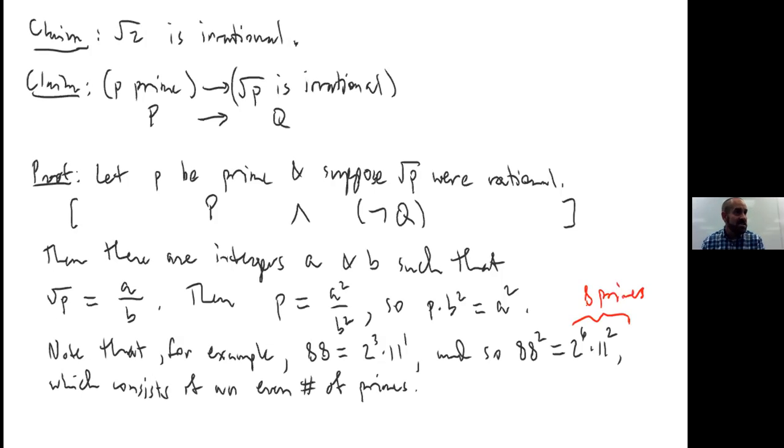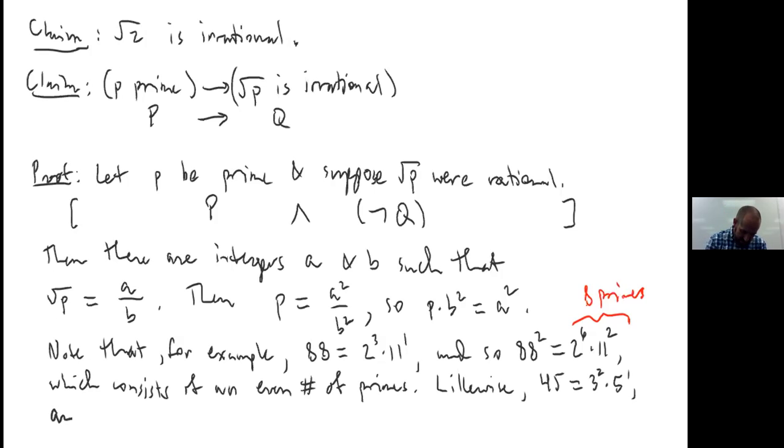A more interesting example would be if we had an odd number of primes to begin with. So let me just do an example like that. Likewise, let's see, like 45. What's 45? Isn't that 3 squared times 5 to the first?